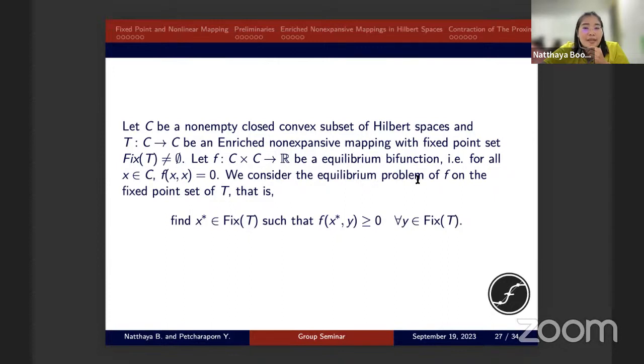We consider the equilibrium problem on the fixed point set of T: finding x star in the fixed point set of T with F(x star, y) greater than or equal to 0 for all y in the fixed point set of T.